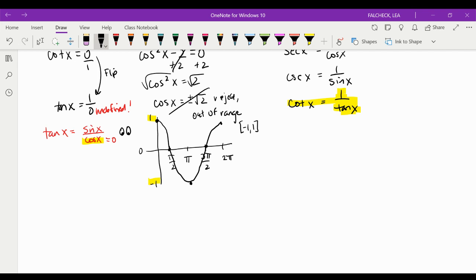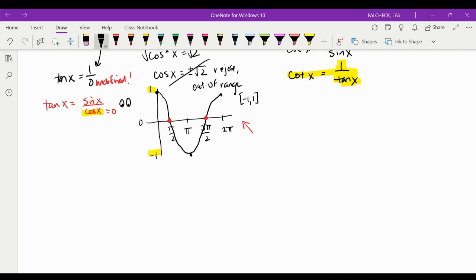And the reason for thinking of it this way is because I don't really store the graph of the tangent of x in my brain. I have an idea what it looks like, right? We're going to have vertical asymptotes at pi over 2 and every repeating increment of pi over 2 after that. But sine and cosine are really drilled in my brain. So it's actually already drawn over here, the cosine graph, and we're just looking for the values where cosine of x is 0, and that's going to be at pi over 2 and 3 pi over 2.